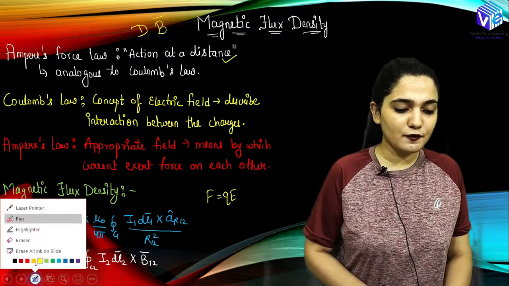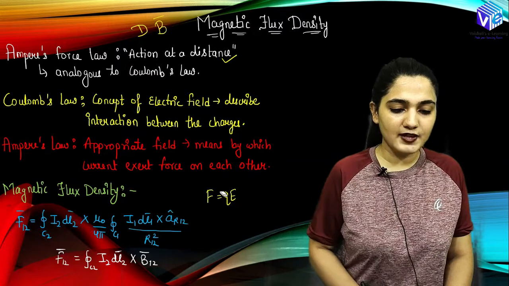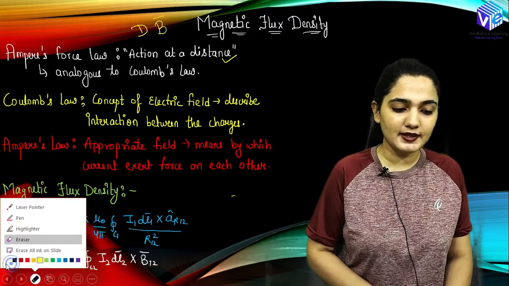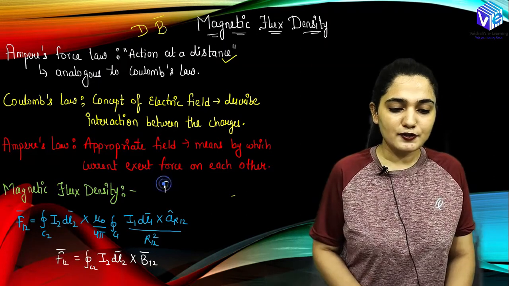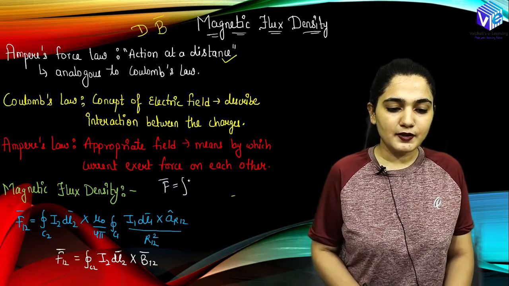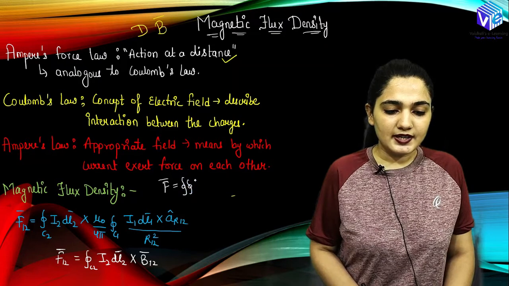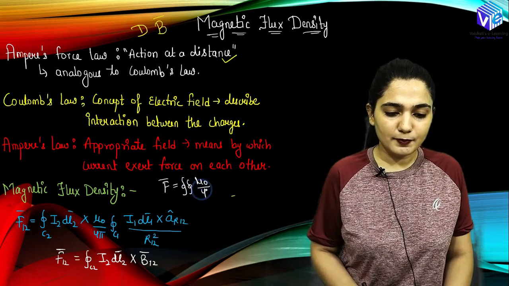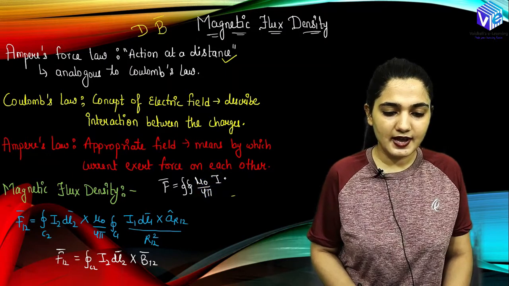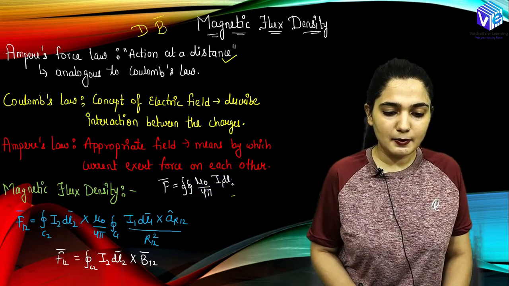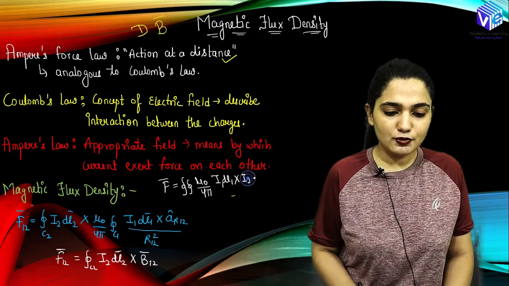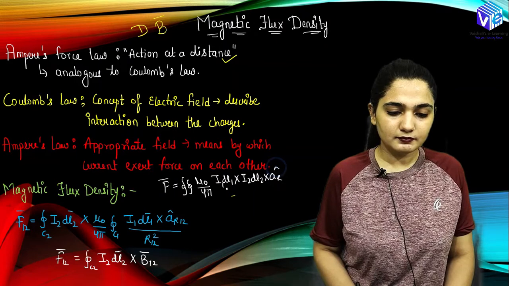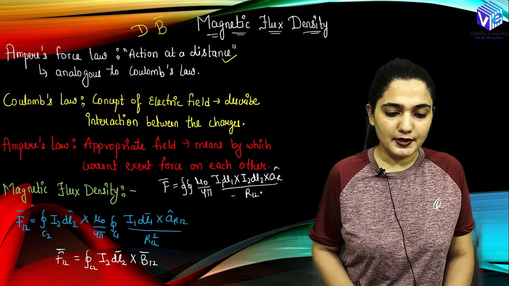So what was the force with the help of Ampere's law of force? I hope you have watched the previous video, where I discussed the force. The force was equal to the contour integration of mu naught upon 4 pi, which is a constant, then I1 dl1 cross I2 dl2 cross AR cap upon R12 square.